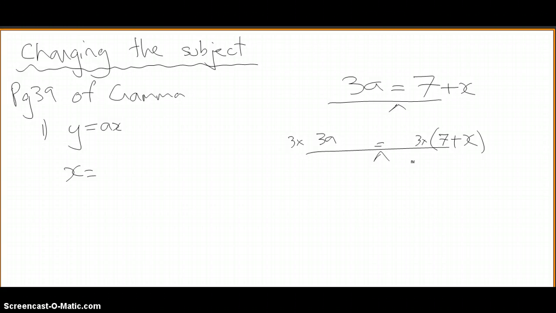Divide, times, plus, minus, even square and square root. So in other words, I could square both sides and the equation would stay in balance. As long as I do it to both sides, it'll stay in balance.